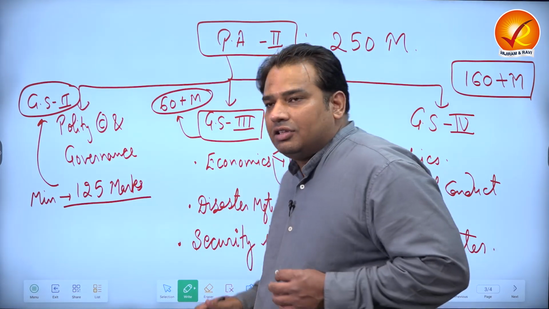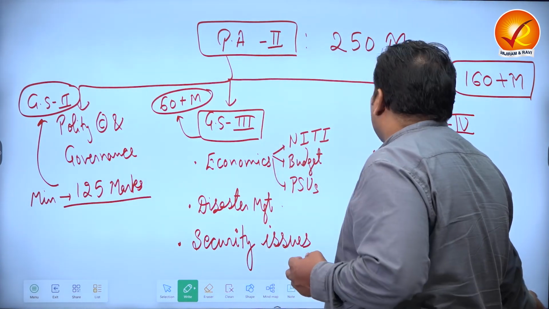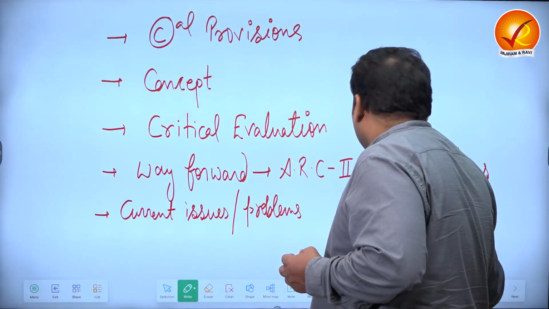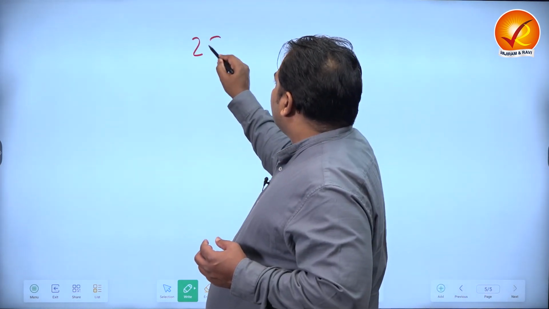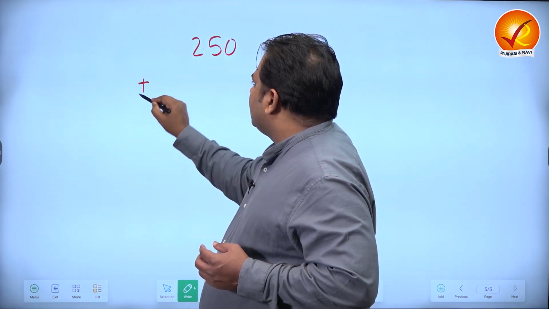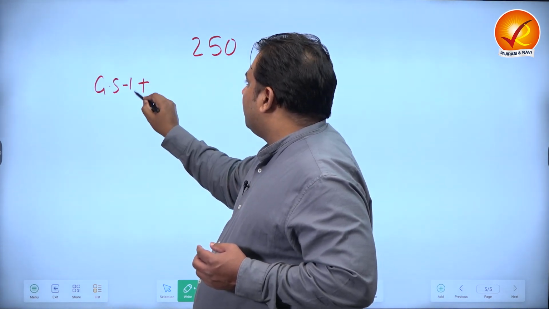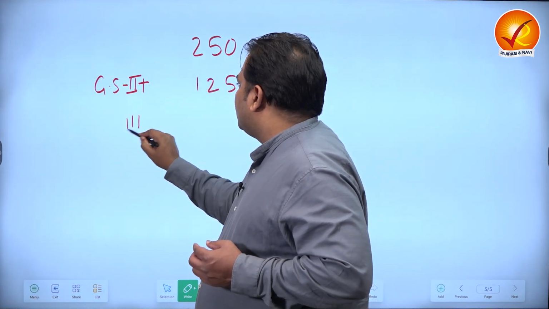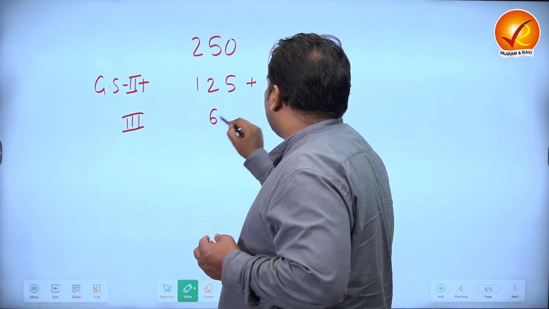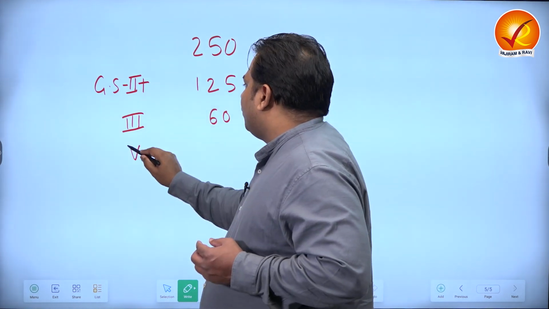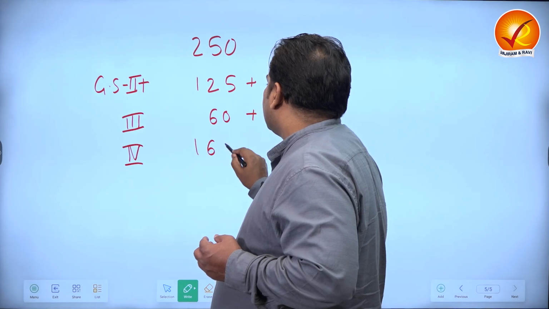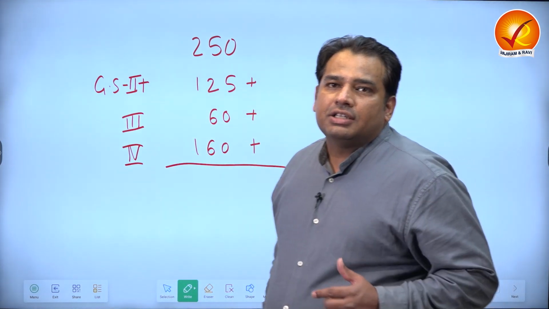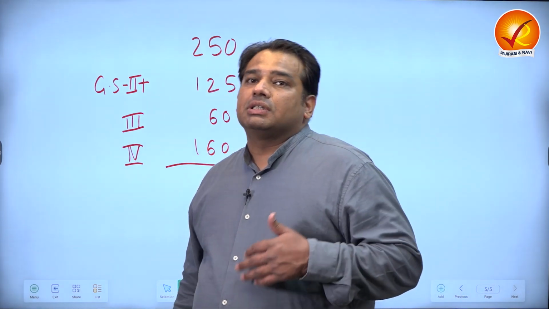If I add the weightage, paper 2, what we are doing in total is 250 marks plus GS paper 1, 125 plus marks, GS paper 3, 60 plus marks, and GS paper 4, 160 plus marks. That is the overall weightage and overlapping of the syllabus.